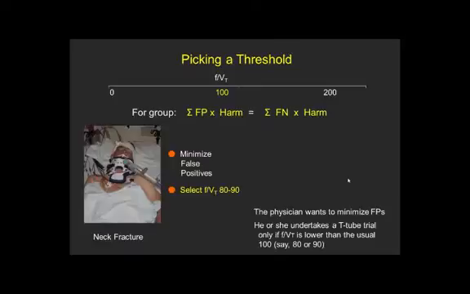So in that type of situation, you want to totally minimize the number of false positives. That's what you're really focusing on. In that case, you would change the threshold from an F over VT of 100, and you would select a more cautious F over VT value, like an F over VT of 80 to 90.